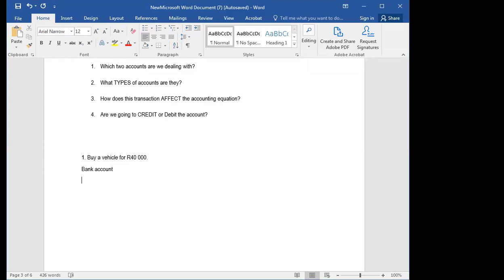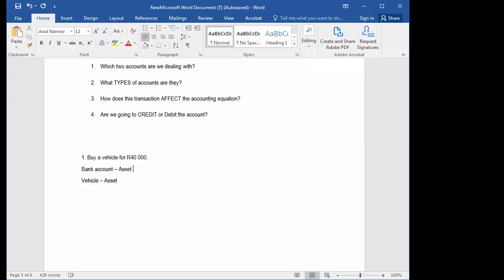Automatically, this vehicle will be used inside the business, maybe to transport trading stock to customers. Yes, the one that must be affected is the vehicle. The vehicle is a type of asset. Also, bank is a type of asset.